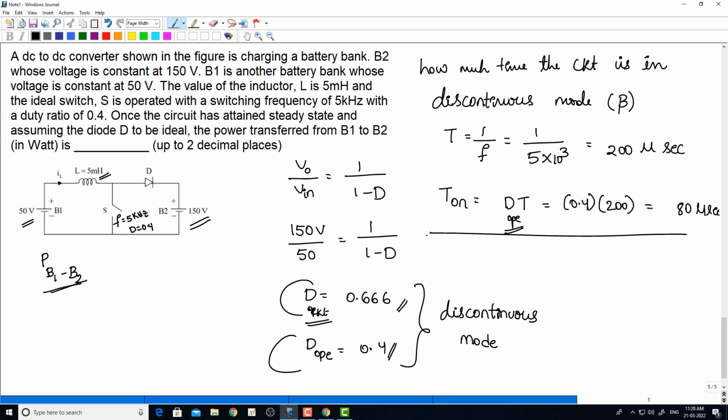This depends on the value of the duty cycle given in the question. But then we need to find the beta value.